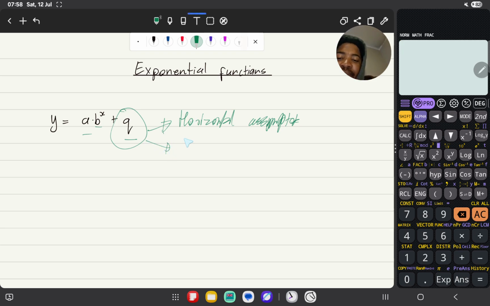And therefore, by it being a horizontal asymptote, it is responsible for the vertical shift. It's responsible for the vertical shift, and it is the horizontal asymptote. Makes sense. Cool.